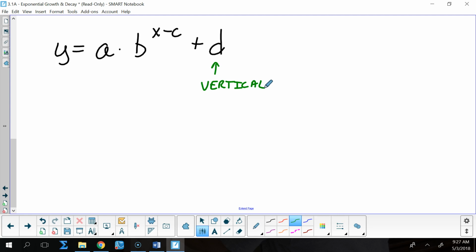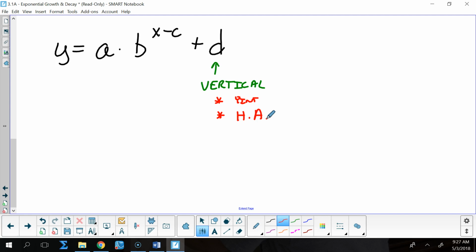So that is going to affect my y-intercept. That is going to affect my horizontal, oops, that should be an H. I don't know what kind of thing's going on there. That is going to affect my horizontal asymptote.